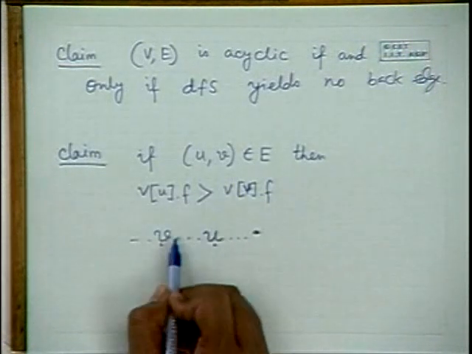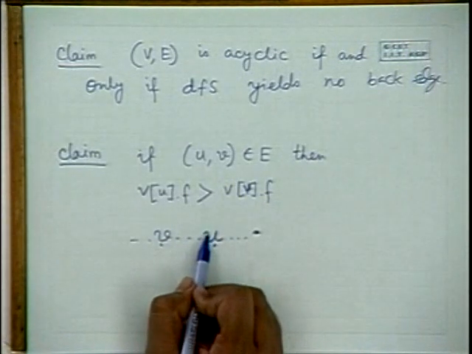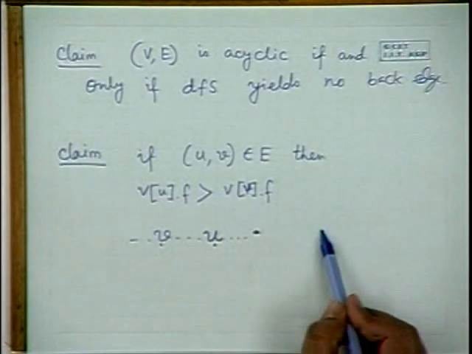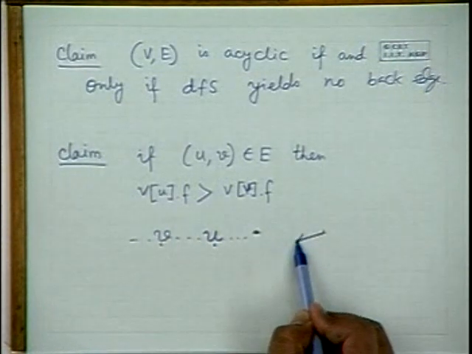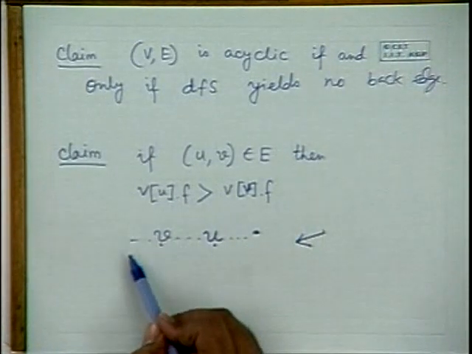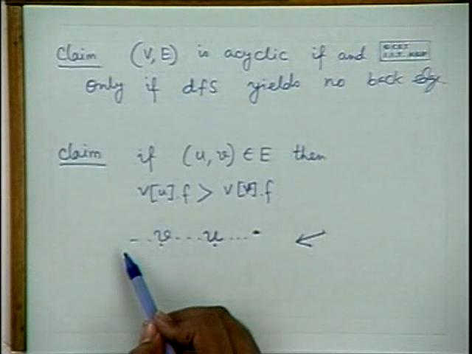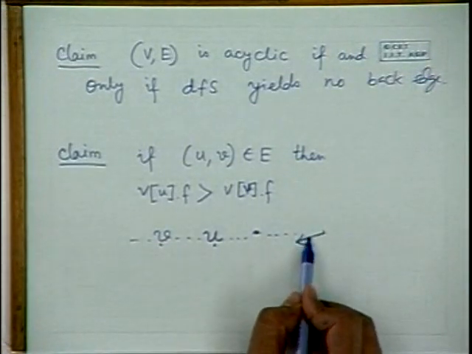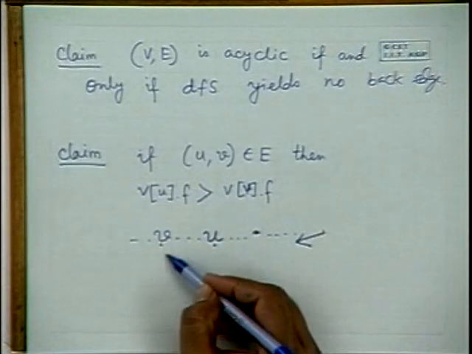So if I have output this way, there is an edge from U to V only. It means the topological sort ordering is in this direction. It gives you one ordering which is consistent with the condition of topological sorting. If you go back to the definition of topological sorting, you will see this is consistent in this direction we are outputting.